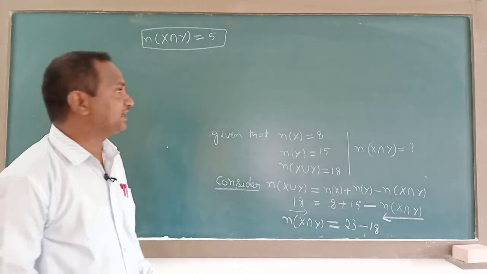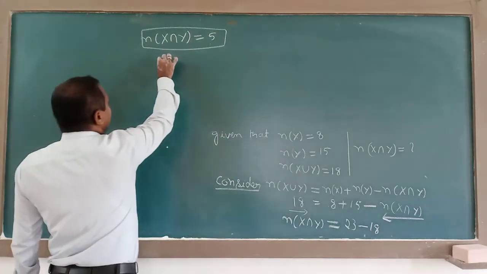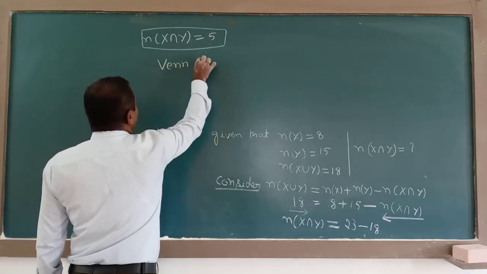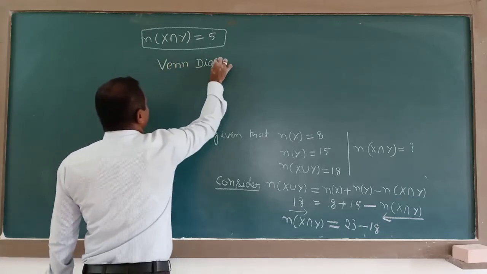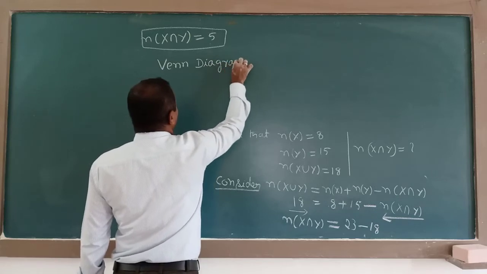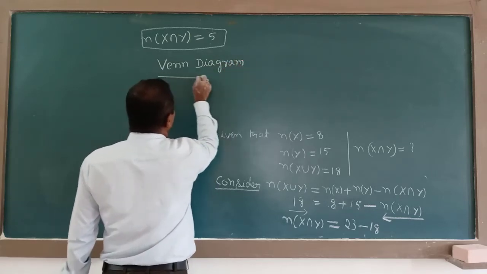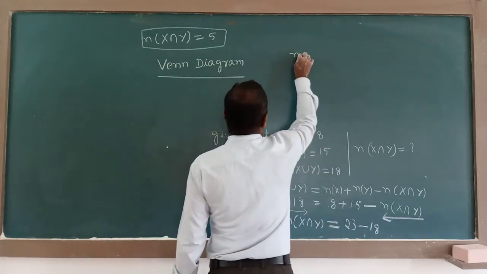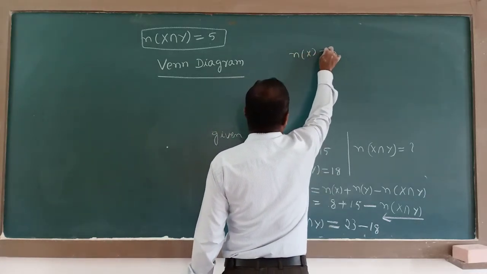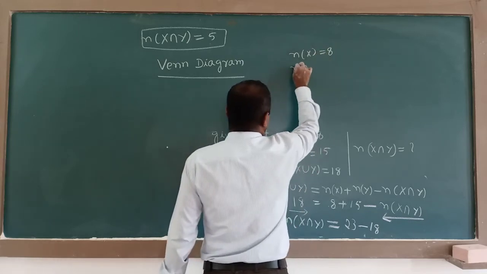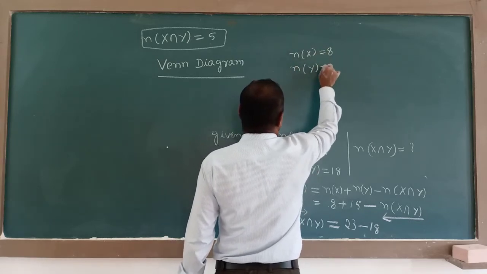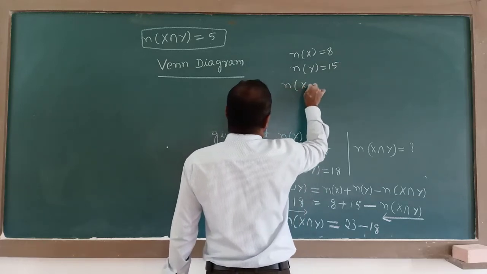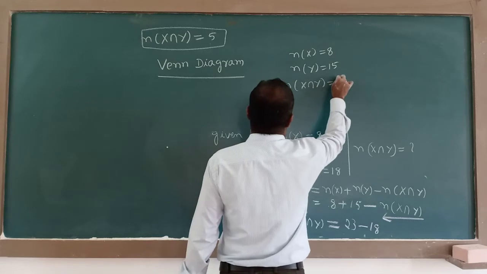Now the Venn diagram. How to write the Venn diagram here? Venn diagram for this question. First, write the values they give here: n of x is equal to 8, n of y is equal to 15, n of x intersection y is equal to, we got 5.